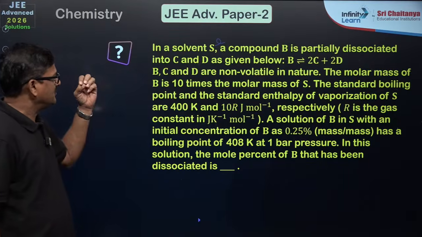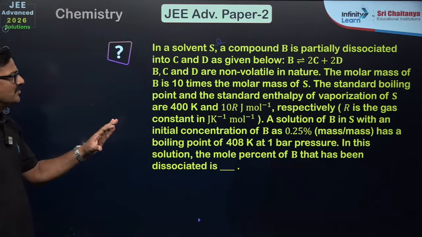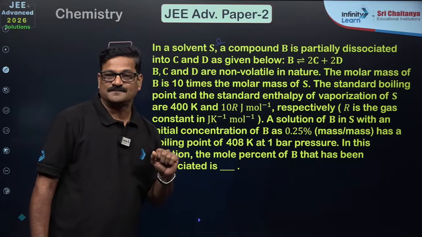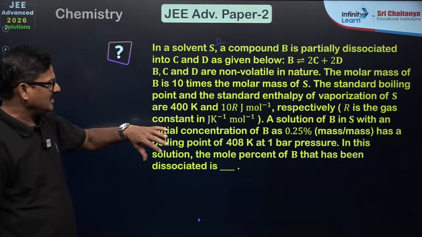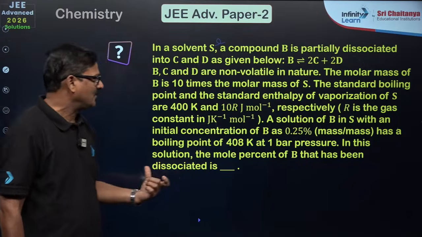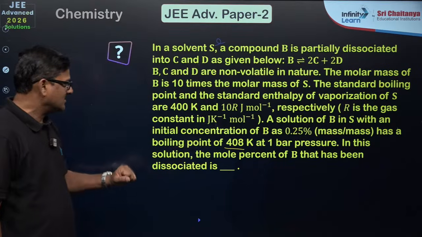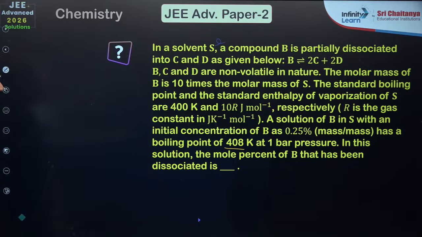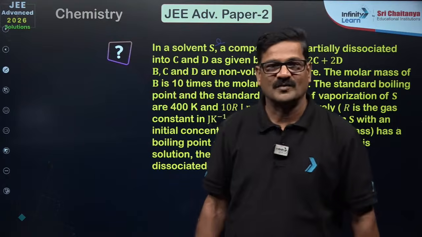The molecular mass of B is 10 times the molecular mass of S. Standard boiling point and standard enthalpy of vaporization is 10 R. A solution of B in S with an initial concentration of 0.25 has a boiling point of 408 at 1 bar pressure. In this solution, the mole percent of B that has dissociated, we have to calculate, along with the van't Hoff factor.